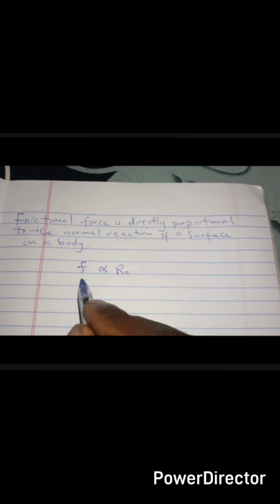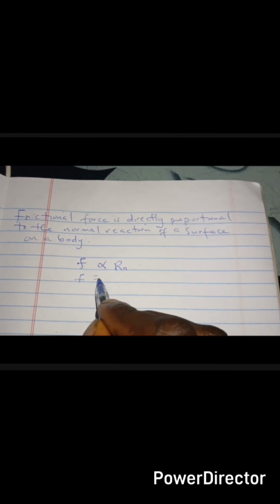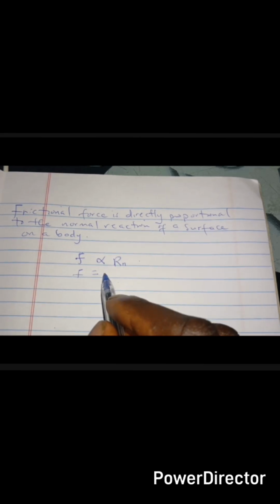If that is the case, for us to do away with this sign of proportionality, we can introduce an equal to and then a constant of proportionality. In this case, let's use mu, where F is the force, mu is the constant of proportionality, and R is the normal reaction.